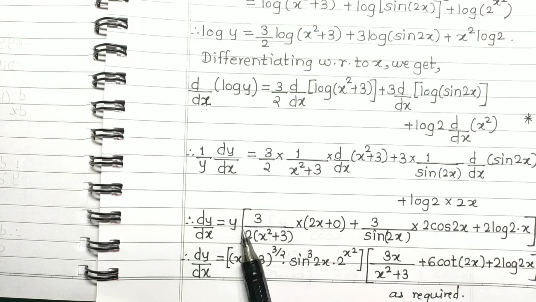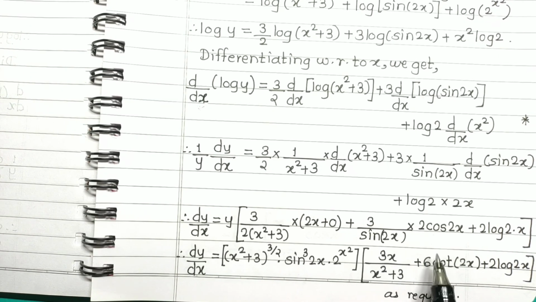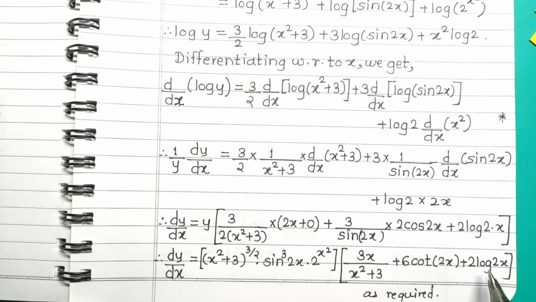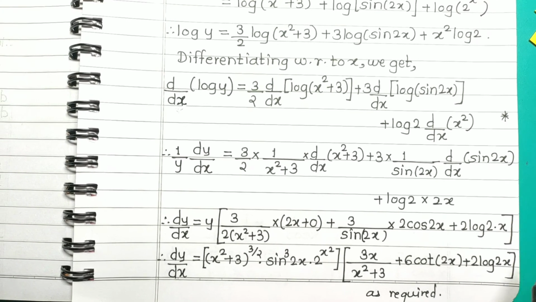So the simplification of this term is 3x upon x square plus 3. Here see, 3 into 2 is 6 and cos 2x upon sin 2x. See, angles are same, so the cos upon sin ratio we can write as cot of 2x, and the last term as it is, 2 log 2 into x. So this is the required derivative.